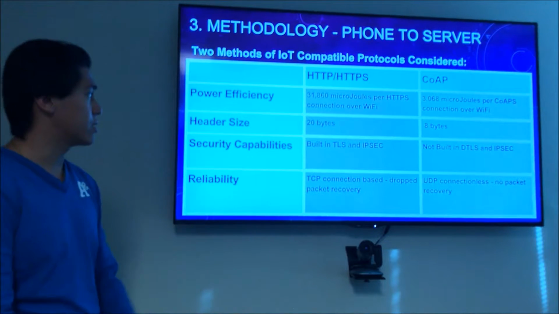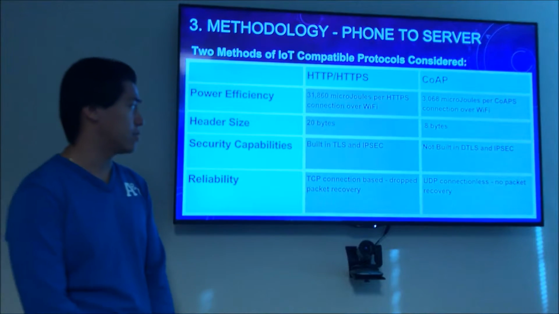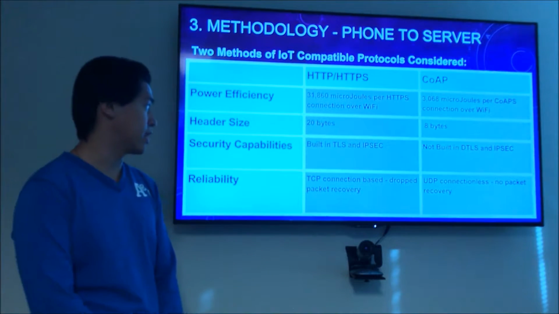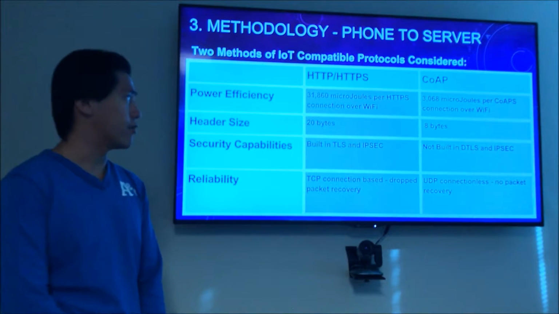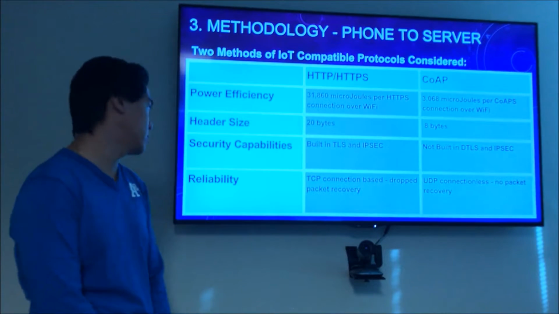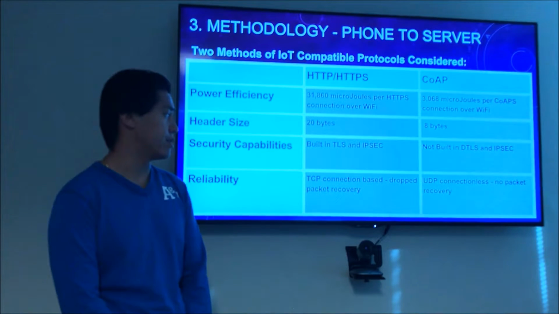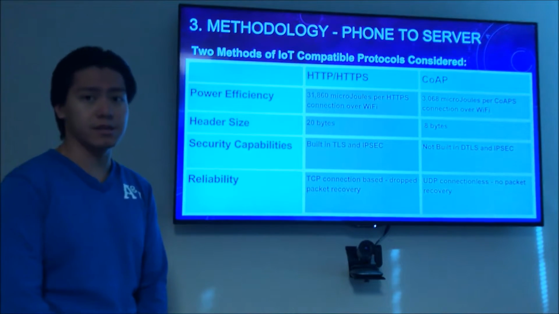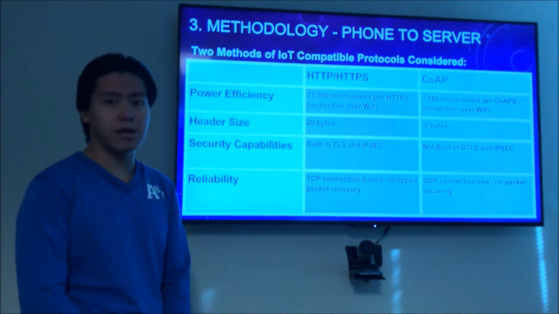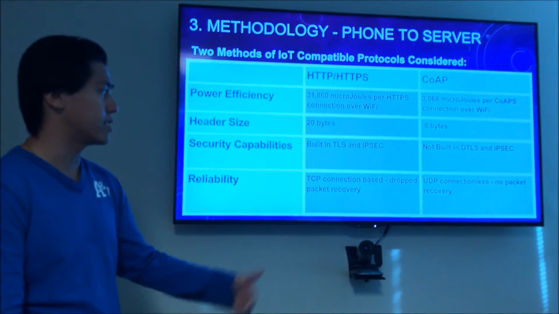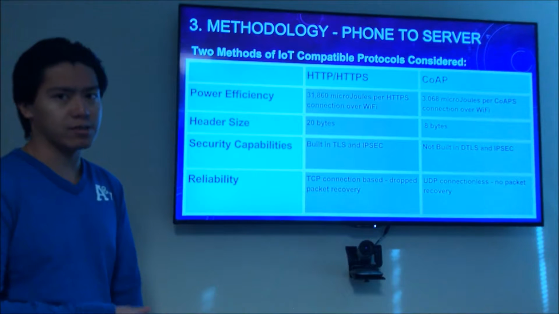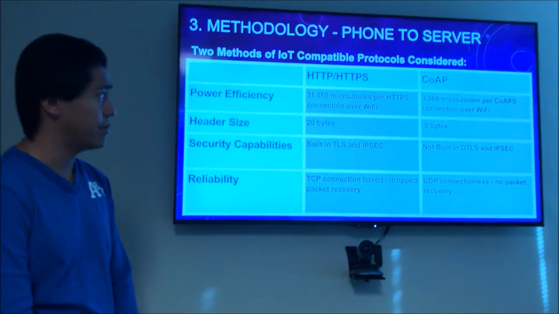So HTTPS, you can see it has built-in TLS, transport layer security, and IP security. However, in CoAP, we would have to implement our own. Reliability-wise, HTTPS is connection-based, so it'll recover dropped packets, while UDP is connectionless, thus more packets will just be sent out rather than a stream.